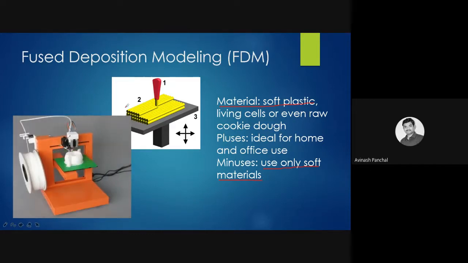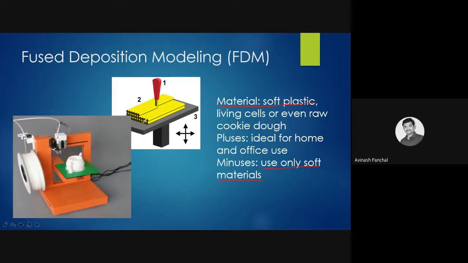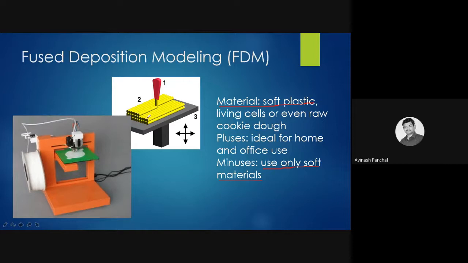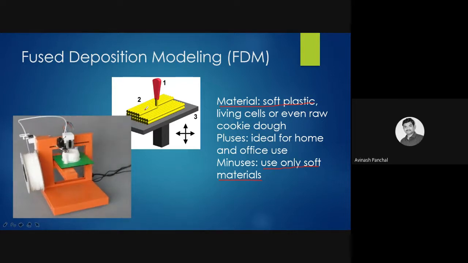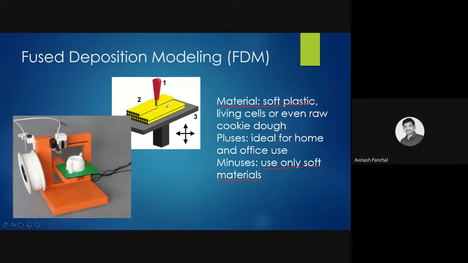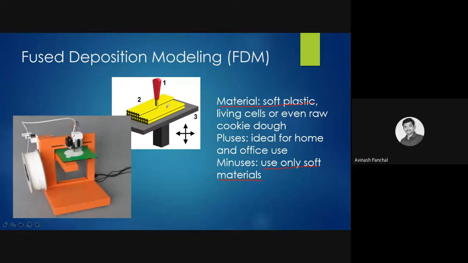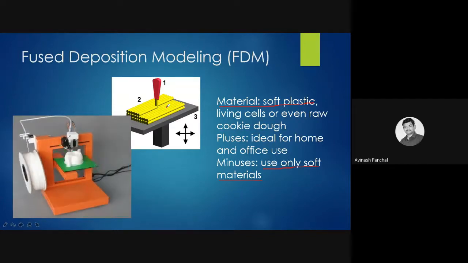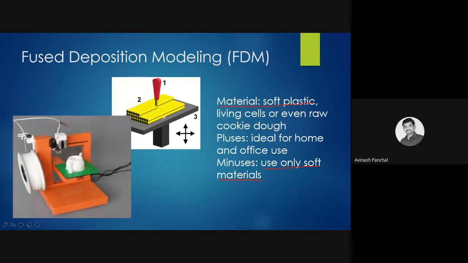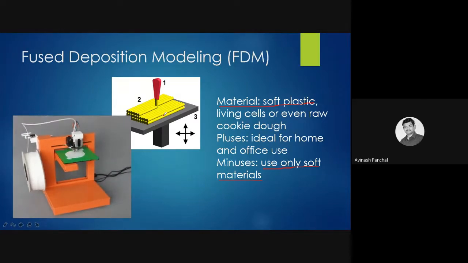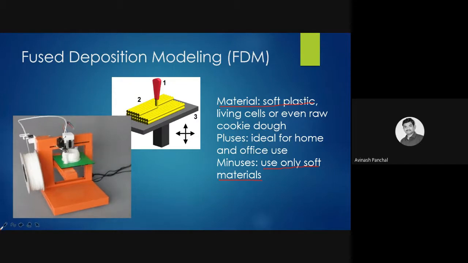You can observe over here it is giving a layer by layer structure. This is the main principle of 3D printing. One layer by one layer we are giving, and the structure will become a solid.